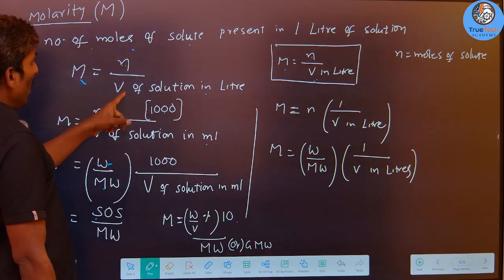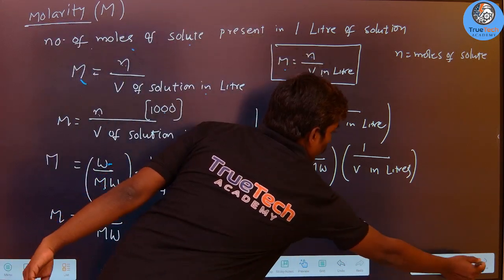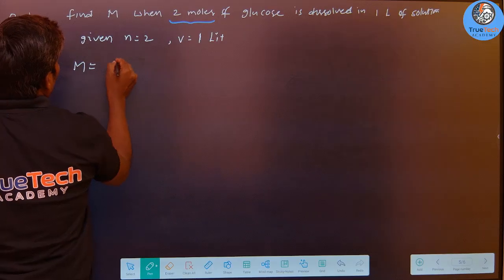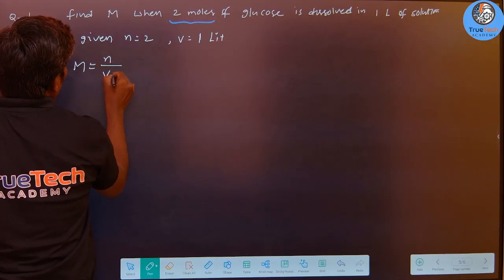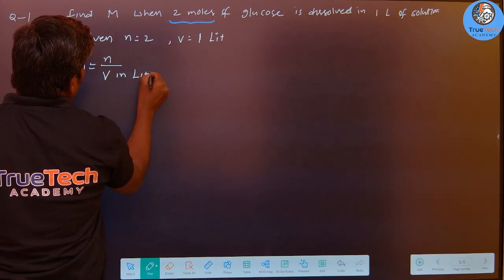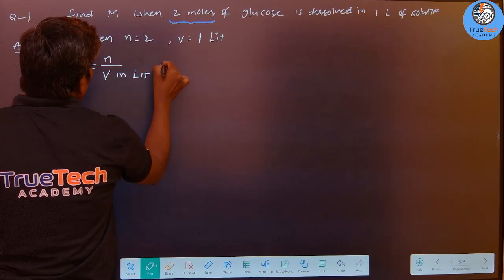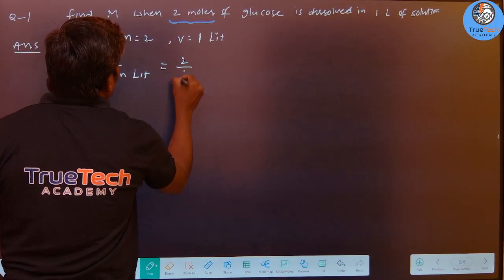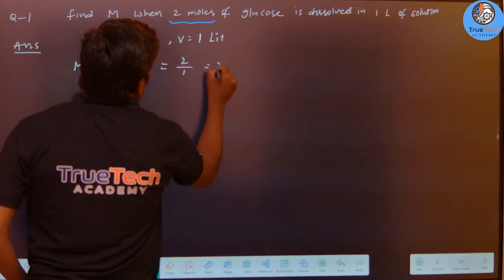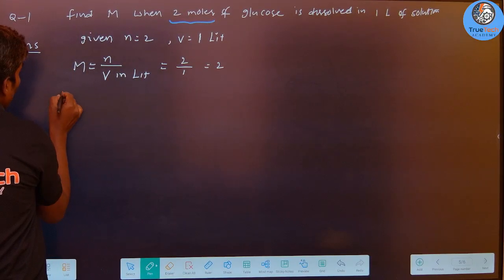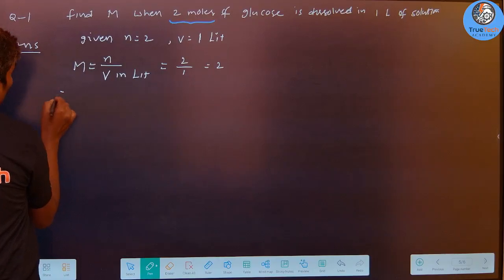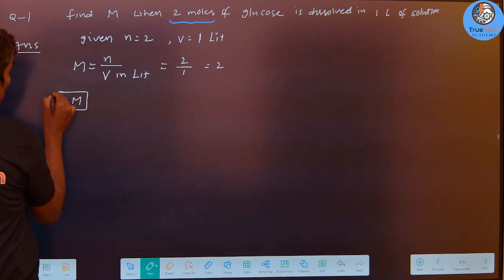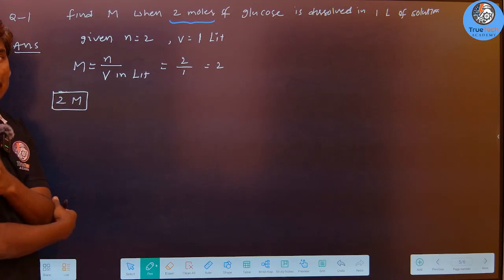M equals n by V in liters. So simple substitution: n equals 2 and volume equals 1, therefore that is equal to 2. So molarity equals 2. It is represented like this: 2 molarity. This is how they will represent it.